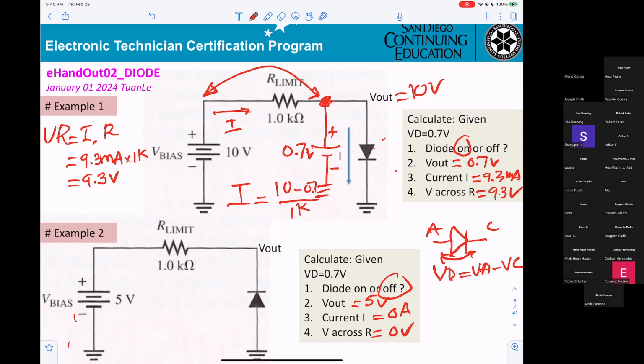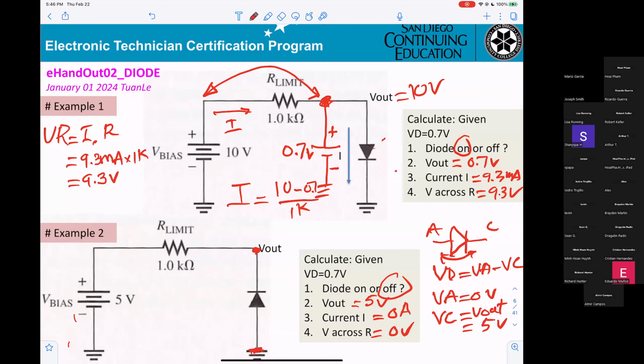VA means here, right? VA is 0, because it connects to the ground. And V out means VC. That will be equal to 5 volt.